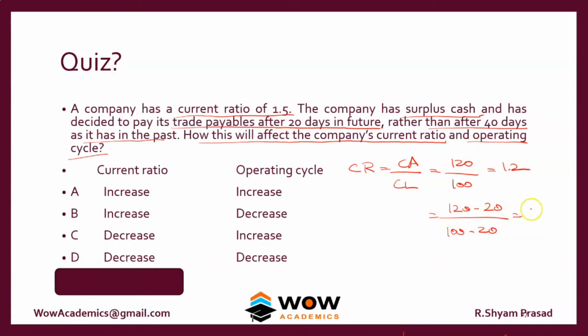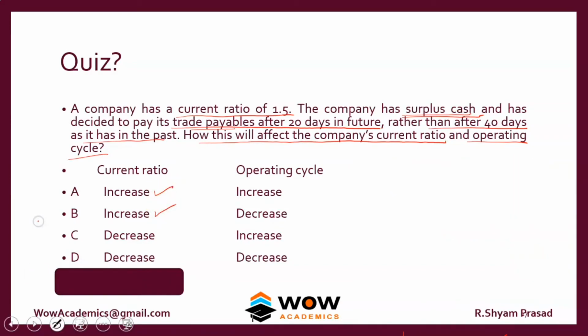The answer comes to 100 divided by 80, which is 1.25. So if they pay the payables with surplus cash, the current ratio increases from 1.2 to 1.25. So A and B can be the choice.